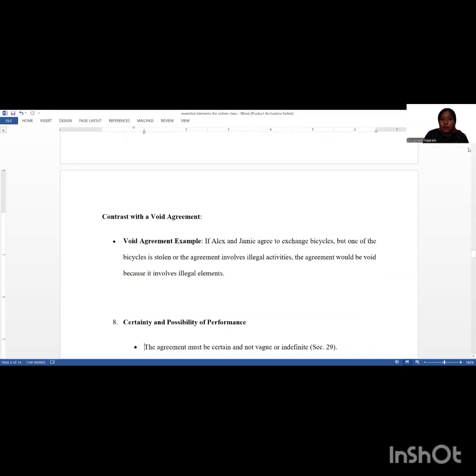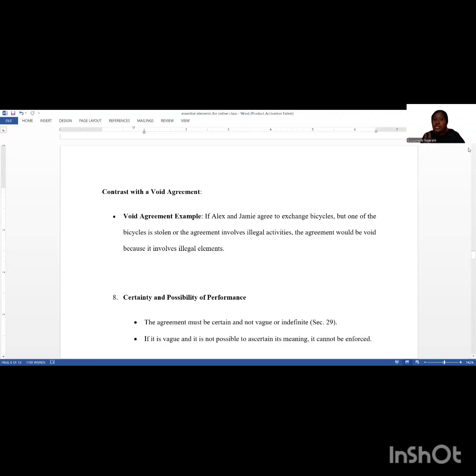Now we'll see a void agreement. For example, if Alex and Jami agree to exchange bicycles, but one of the bicycles is stolen or it involves illegal activities, the agreement would be void because it involves illegal elements. If both the parties have the capacity to enter into the contract and they are above 18 and of sound mind and they have consideration and acceptance, then it comes in a valid contract.